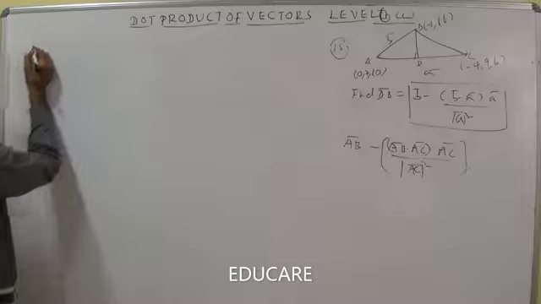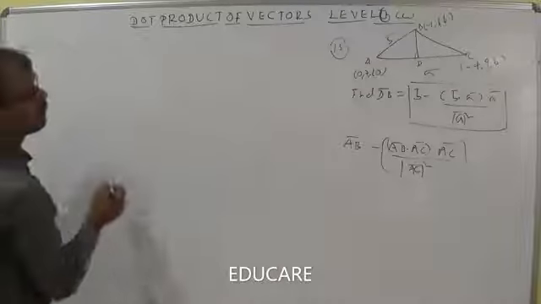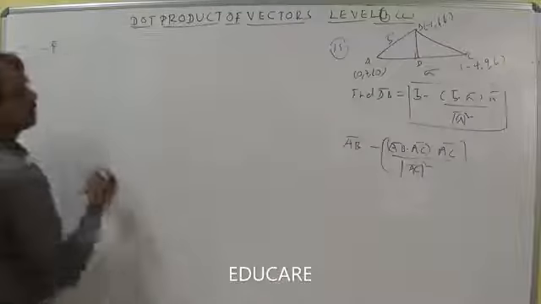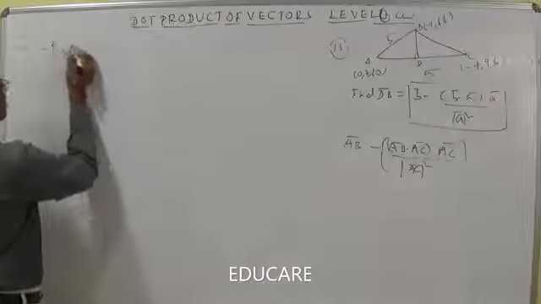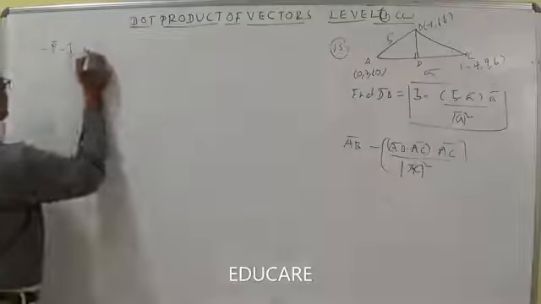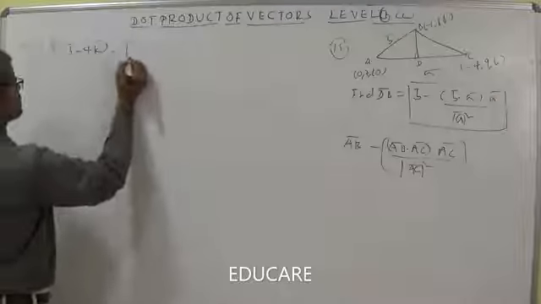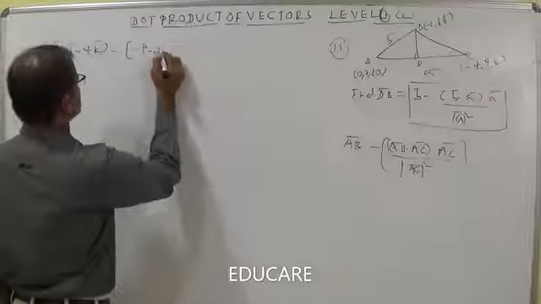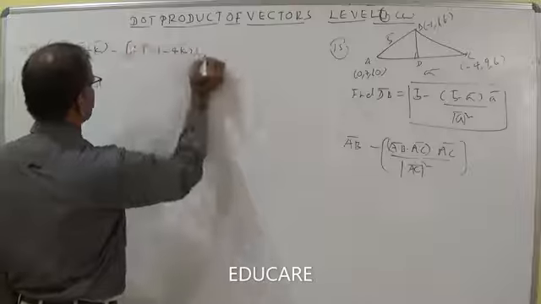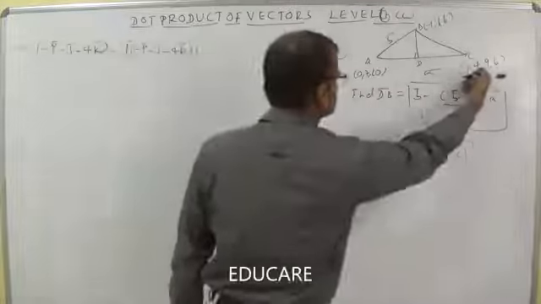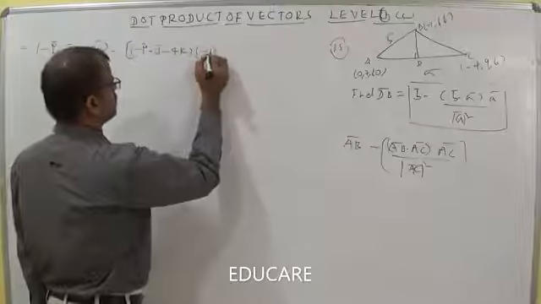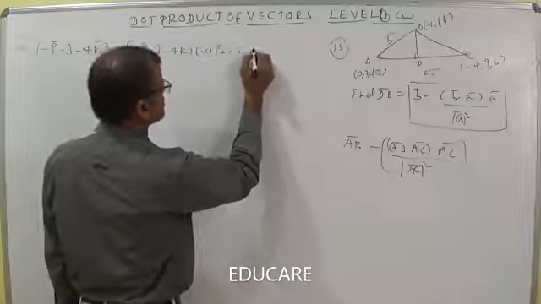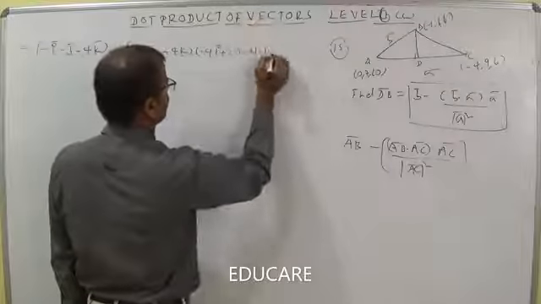That implies AB can be written as OB minus OA: minus 1 minus 0, minus i you write; next 6 minus 7, minus j you write; 6 minus 10, minus 4k you write. Minus of AB, again the same vector, minus i, minus j, minus 4k, dot AC, which is OC minus OA: minus 4 minus 0, minus 4i, plus 9 minus 7, plus 2j, 6 minus 10, minus 4k.